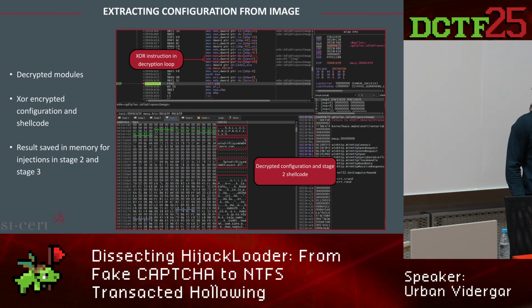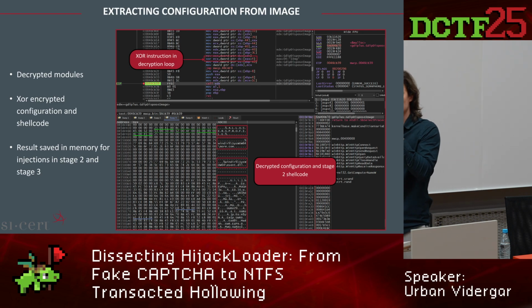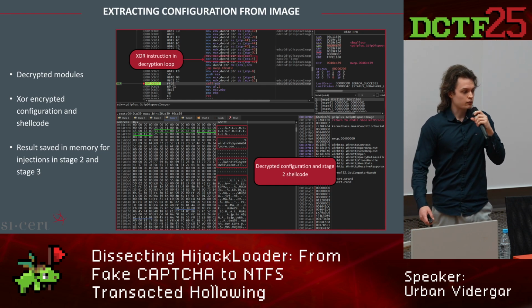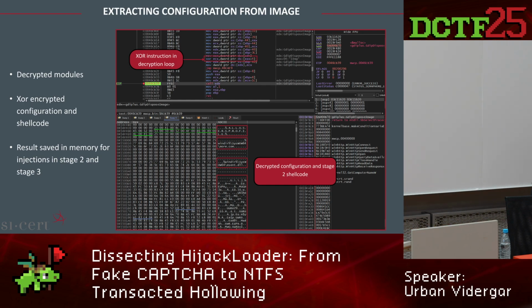It's also interesting to see that malware never changes this section throughout the whole execution of the program, as it's really important. That's probably the most important memory section in the memory of this process, as it holds the malware configuration it uses throughout all 3 stages, and also the stage 2 shellcode, which happens to be the same as the stage 3 shellcode.